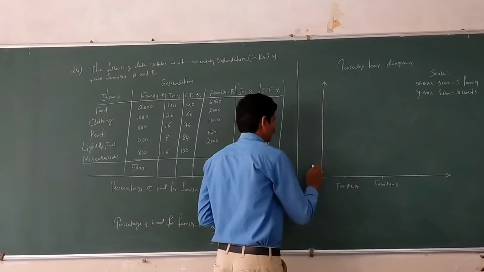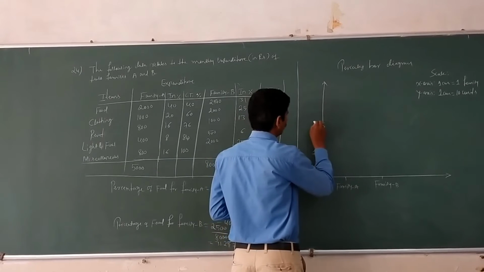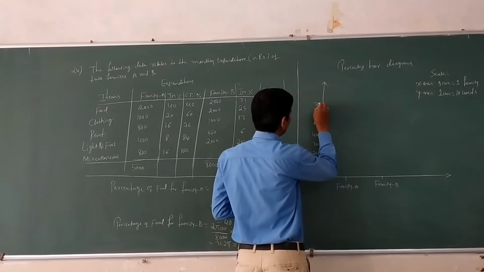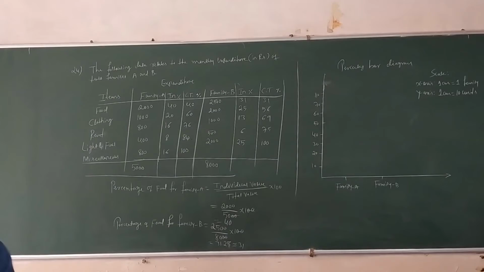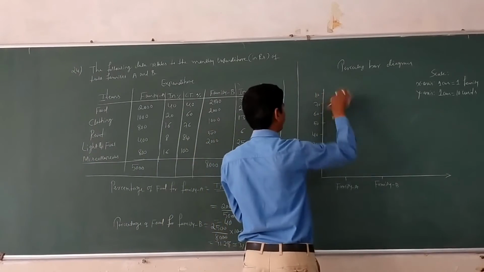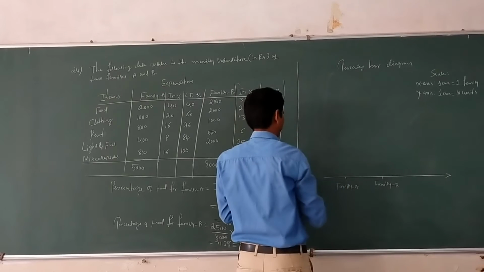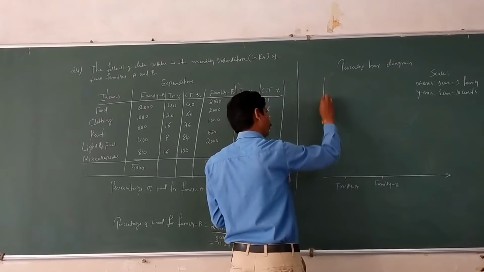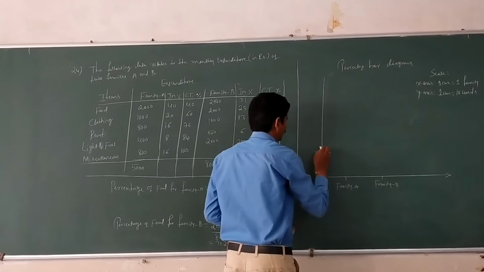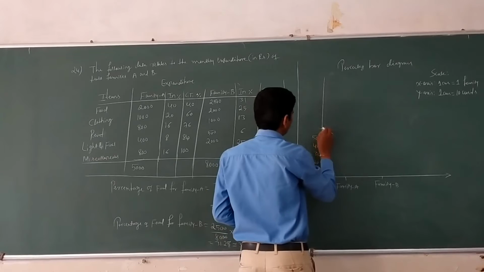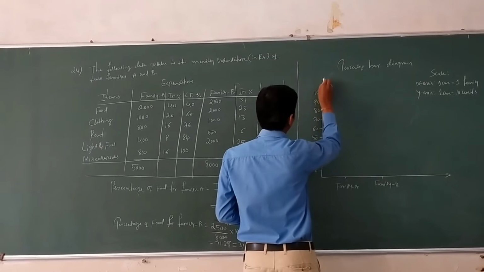Here we take expenditures, 1 centimeter to 10 units: 10, 20, 30, 40, 50, 60, 70, 80, 90 and 100.